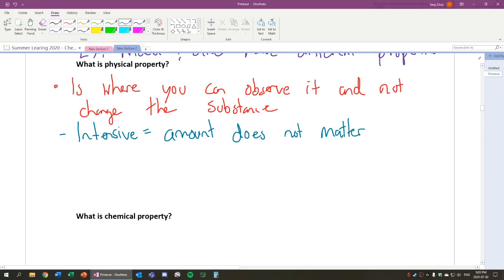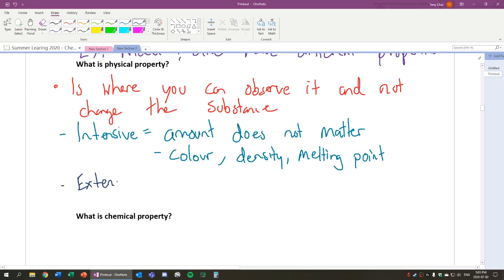So what is a property in which, if you have a little bit of it and a lot of it, it does not change? Color. Color is an example, because if you have a red brick and a lot of red bricks, they're still both going to be red. Density doesn't change. Melting point doesn't change. So those are examples of intensive properties. The opposite is called extensive, where amount does matter.